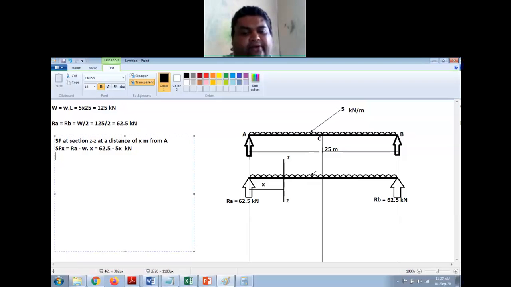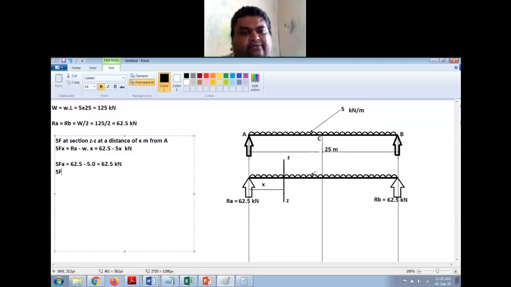Now from this I can find shear force at A is equal to 62.5 minus 5 into x. X is 0 at A. So 5 into 0. So that will be equal to 62.5 kilonewton.